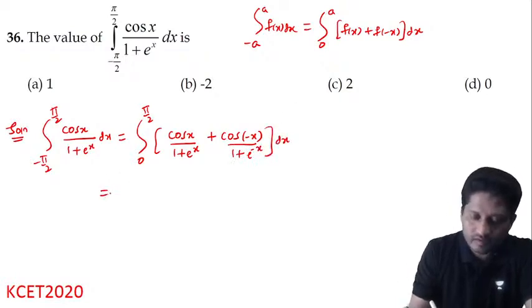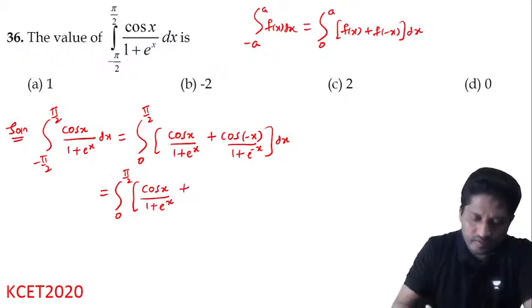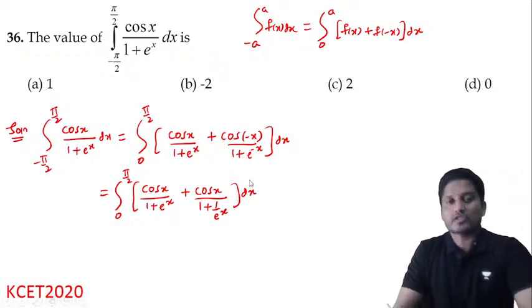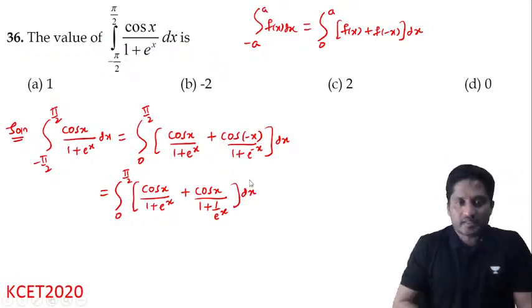Okay, now this is equal to 0 to pi by 2 cos x divided by 1 plus e power x. Cos of minus theta is plus cos theta, right? So this is plus cos of minus x, which is plus cos x, divided by 1 plus 1 by e power x, and then dx. I just wrote e power minus x as 1 by e power x.